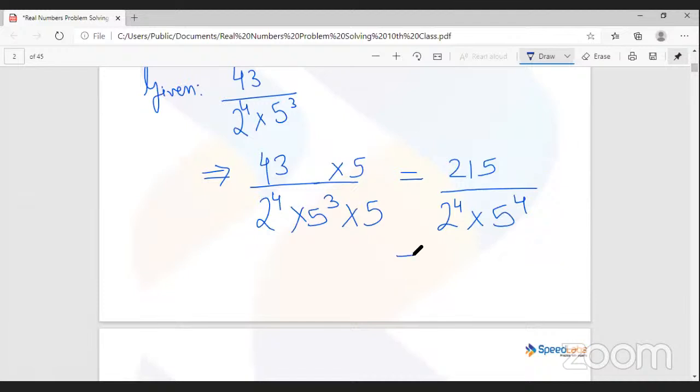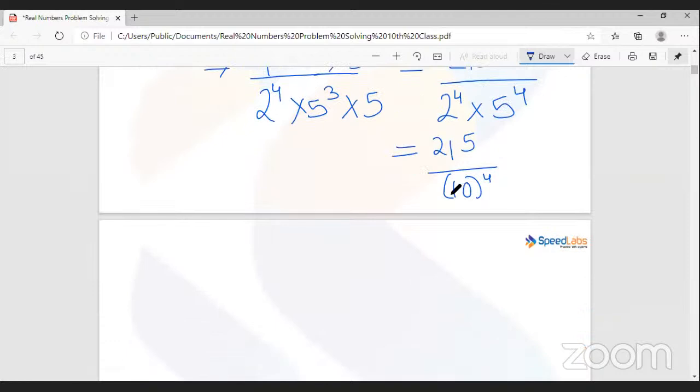So we get 215 upon 2 into 5 is 10, 10 raised to the power 4. As in the denominator the power of 10 is 4, it will terminate after 4 decimal places.